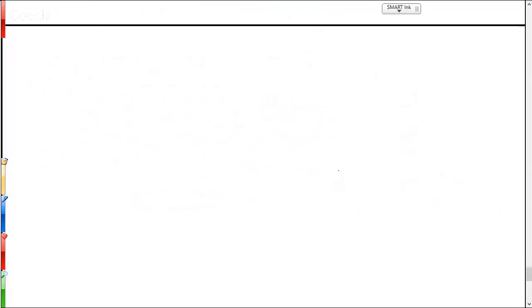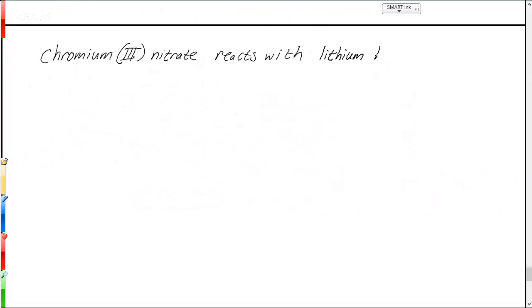I want you to write them out and then decide either write the products or write no reaction if there's no reaction. So first we've got chromium 3 nitrate reacts with lithium hydroxide.